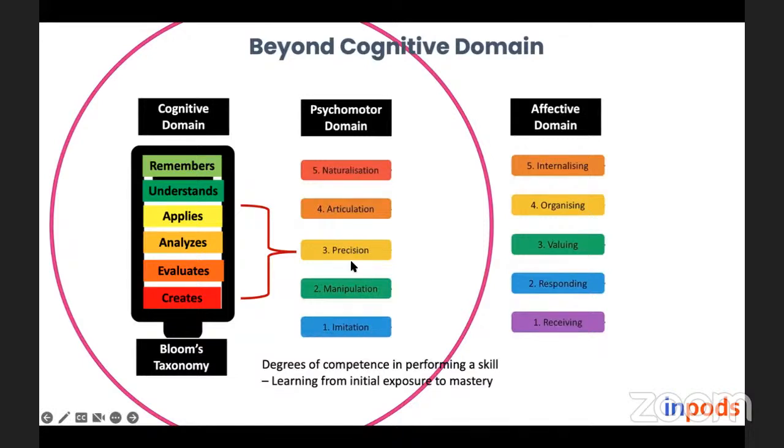So that is precision. So the process could be implemented in a newer situation and not the same situation, right? So they should be able to apply that in a newer set of conditions that you are exposing them to. So that is taking them to the precision level.